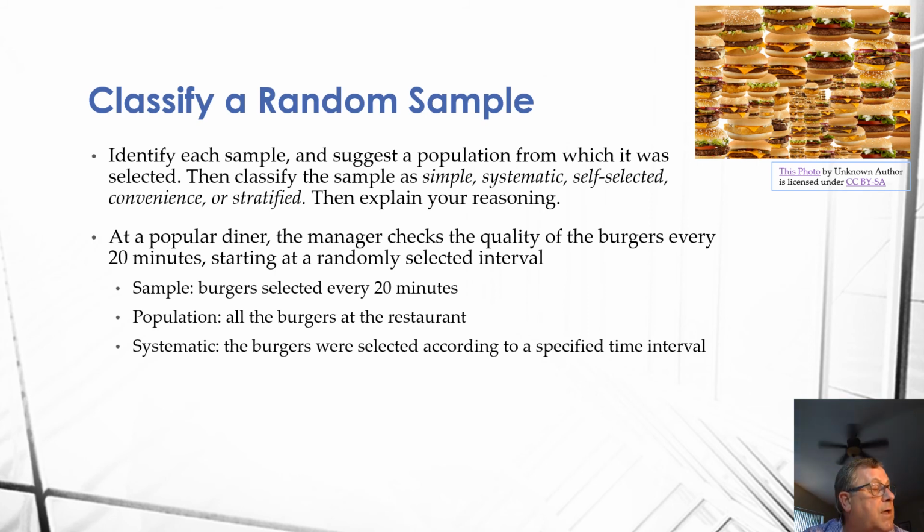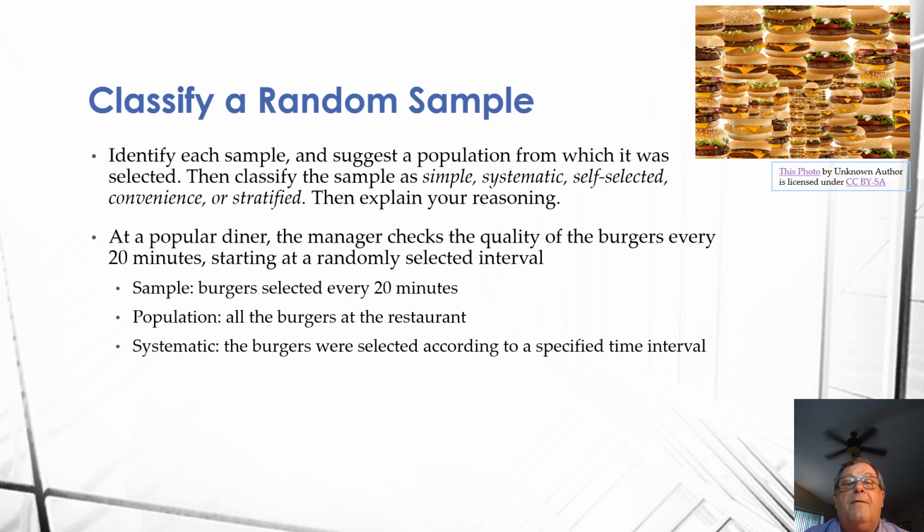So a simple sample, every member has an equal chance to participate. A systematic sample, the members are selected according to a specified interval from a random starting point. Self-selected, the members volunteer to be part of the sample. A convenience sample is just people that are easy to reach or readily available.